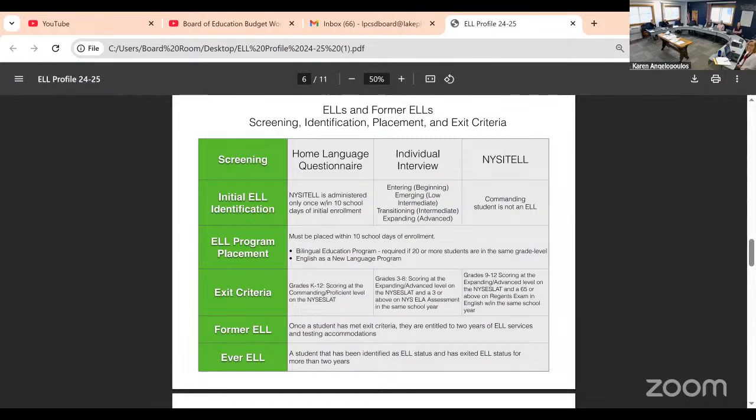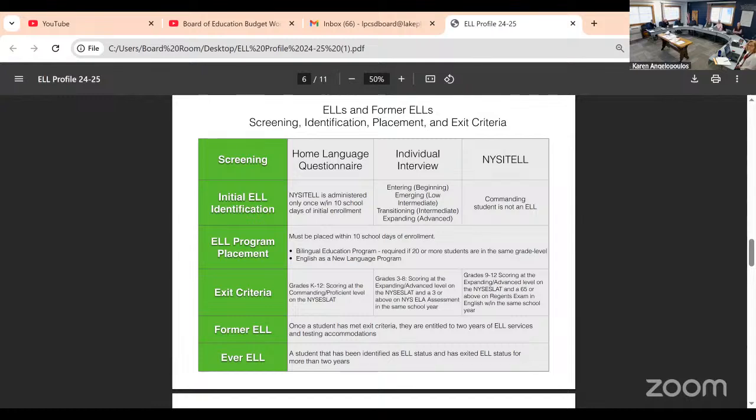So if they've been placed in a New York State school before they come to us, we have to get this information from that school. But that tells us how we need to set up their programming. And then there are different levels: entering, emerging, intermediate, transitioning, and expanding, and then the commanding. So when they are done with being considered to be ELL.